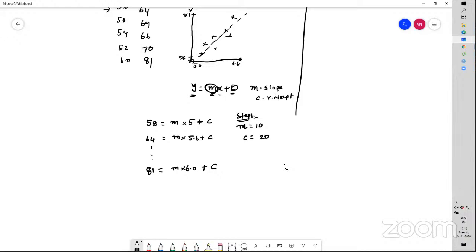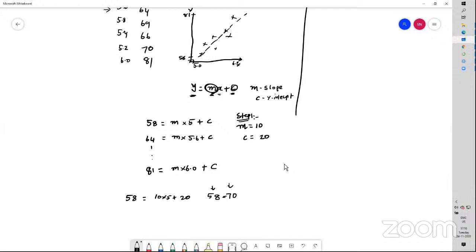Okay. So now, if we substitute these values, 58 is equal to m, which is 10, so 10 into 5 plus 20, which will result in 50 plus 20, 70. So this is 58 minus 70. 58 is the original output. The output generated is 70.